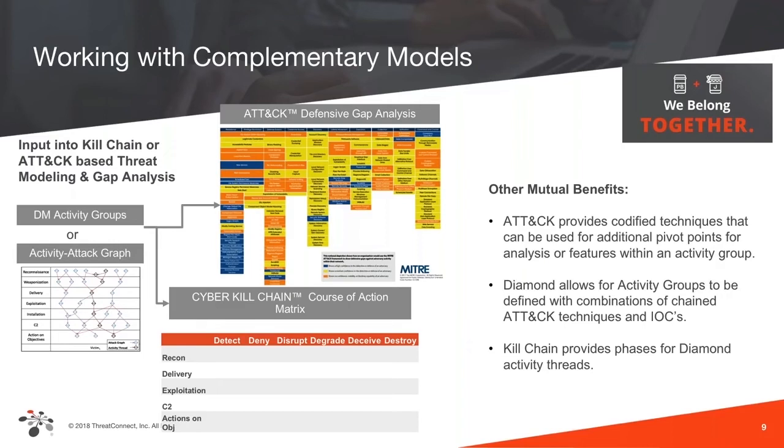In the diamond model, we create these activity attack graphs, and you can do a couple of things here. You can do what's called a coverage analysis, and you can ask the question, how much of this can we do or see? Can we detect everything in this graph or in this table of things? And so that's called a coverage analysis, right?